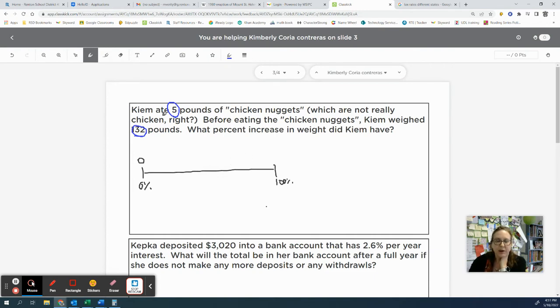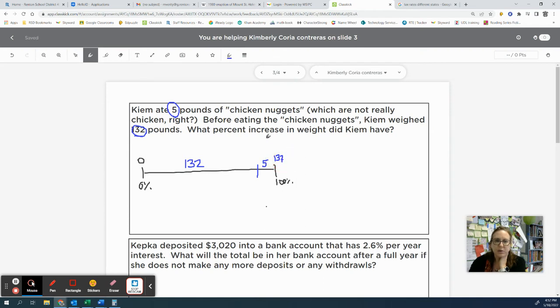So here I have a situation where he ate 5 pounds of chicken nuggets. Before eating the nuggets, he weighed 132 pounds. He ate 5 pounds worth of chicken nuggets, so now he weighs 137 pounds.